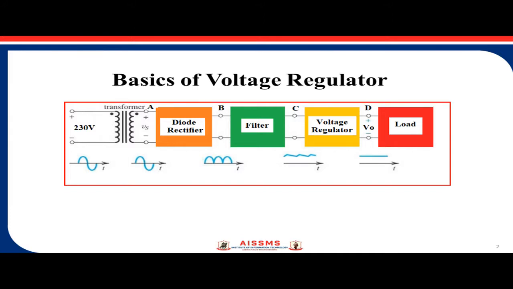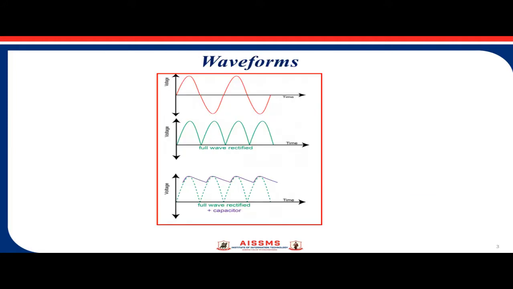So the first waveform shows the output of the transformer, which is the input to the rectifier. It is an AC signal. The next waveform shows the output of the rectifier circuit. Here it is a full wave rectifier. The third waveform shows the output of the filter circuit.